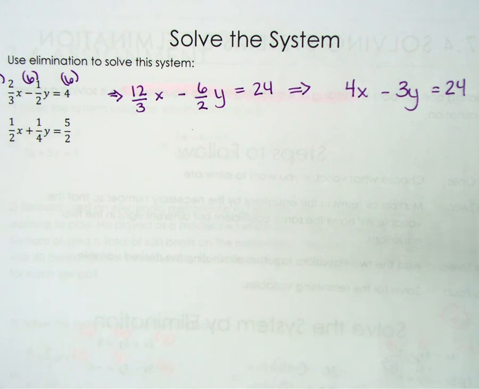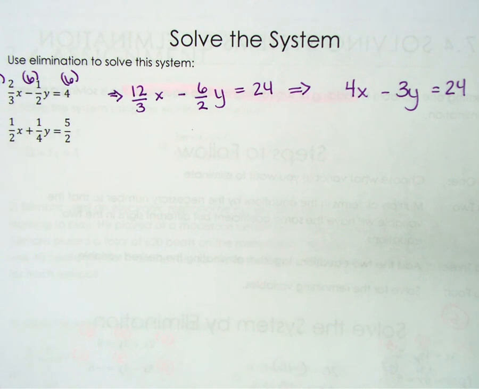I'm trying to get rid of the fractions. What would the common denominator be? 6. I thought we were doing the common denominator of both. Oh, no. We're going to eliminate it. It's an equation, so we can multiply all terms by 6, and it will go away.